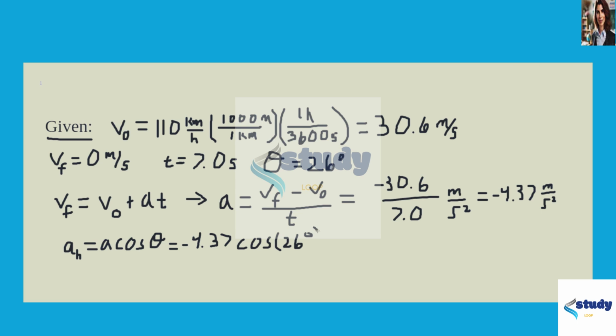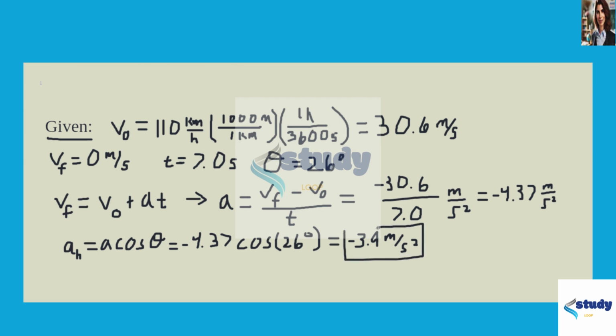If you plug that into your calculator, you find that this comes out to be minus 3.9 meters per second squared. We can box this in here because this is our solution for the horizontal component.